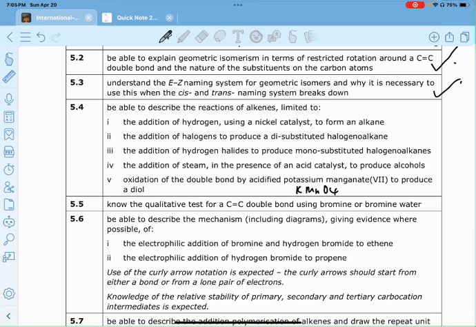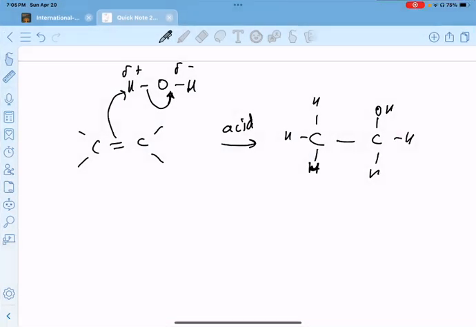Sorry. What is a diol? A diol is essentially something that has two oxygens attached to it, okay? So it's like how we say alcohol. So this one will have two OHs, okay?